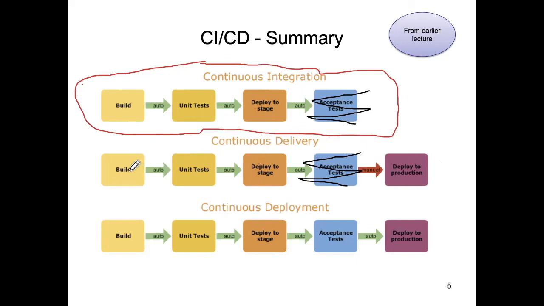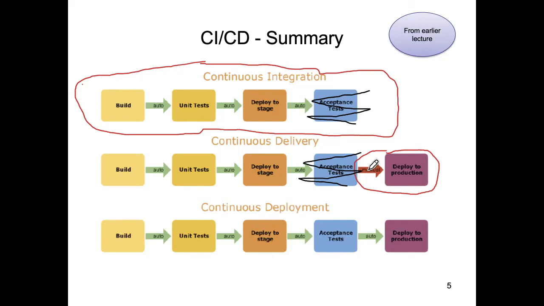So again, for a continuous delivery pipeline, I have a build, I have a test, I have a deploy to staging. But then the decision to go from having deployed it to a staging environment to deploying it to a production environment requires manual intervention. It doesn't happen automatically. That's continuous delivery.